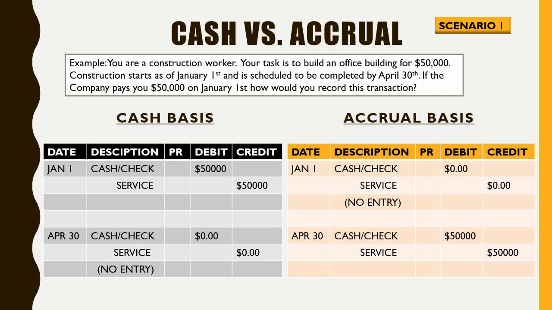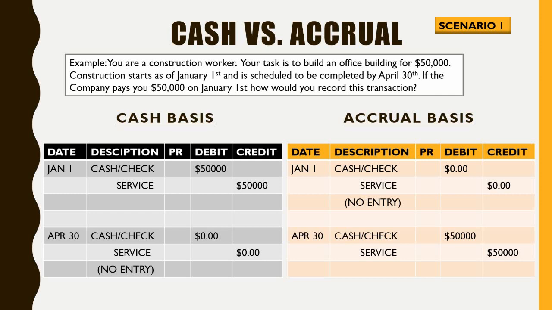In this case, we didn't recognize anything, even though we did get paid, because the service is not completed. So in January, we do not write anything there. No journals required. However, the day that we complete the task, then we record that we received the cash and that we have service completed.